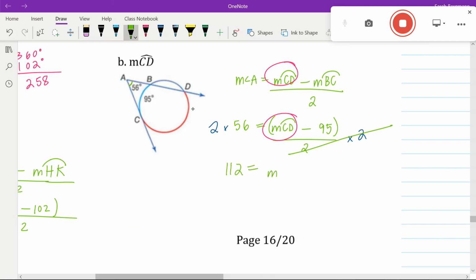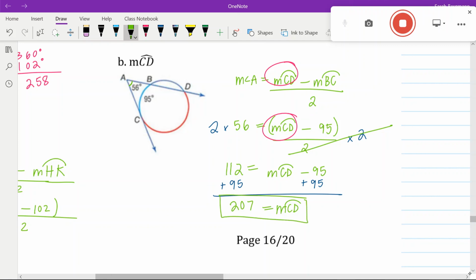So we have 112 equals the measure of arc CD minus 95. Now to get the measure of arc CD by itself, we just need to add 95 on both sides. So 112 plus 95, that gives us 207, is equal to the measure of arc CD. So that would be your final answer.